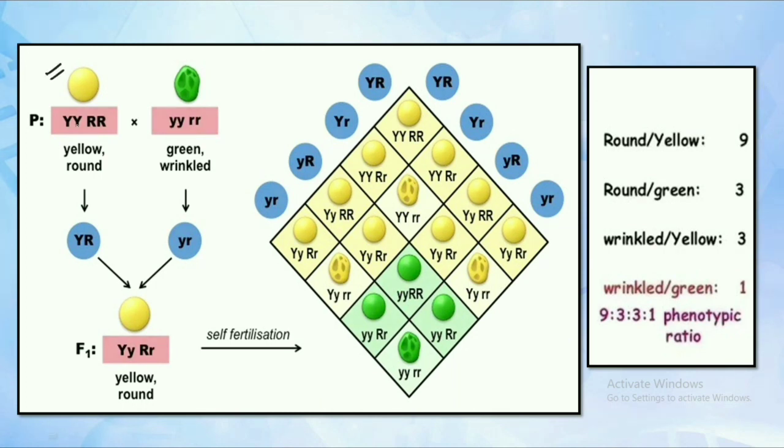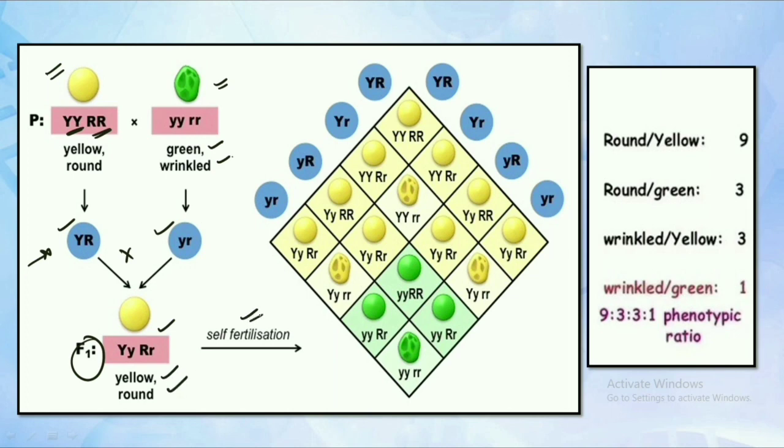Initially we had the parents as capital Y, capital R, which were crossed with the second parent with green and wrinkled. We had the formation of gametes carrying capital Y, capital R and small y, small r. After the crossing, in the F1 generation we had capital Y, capital R, small r, that is round and yellow.